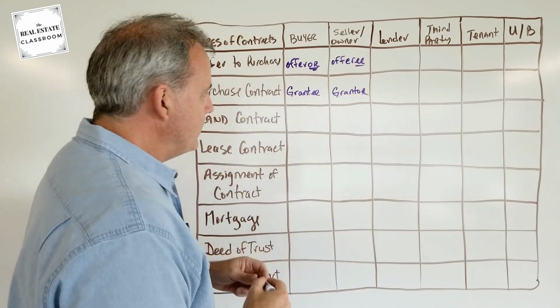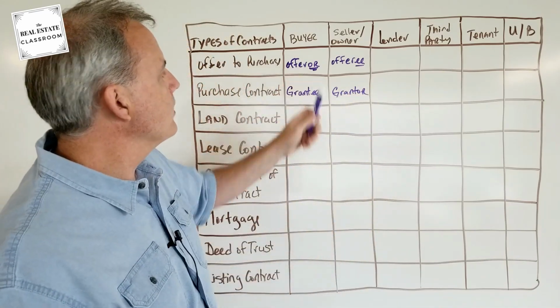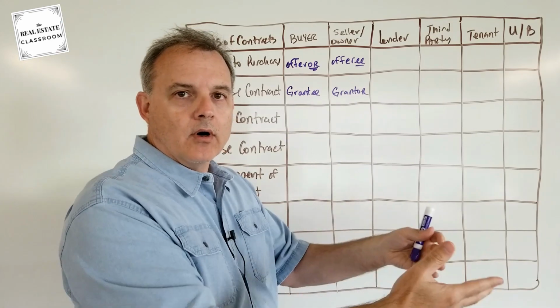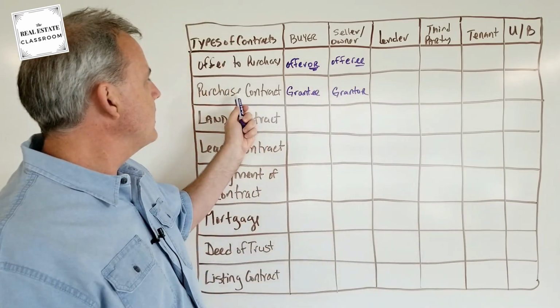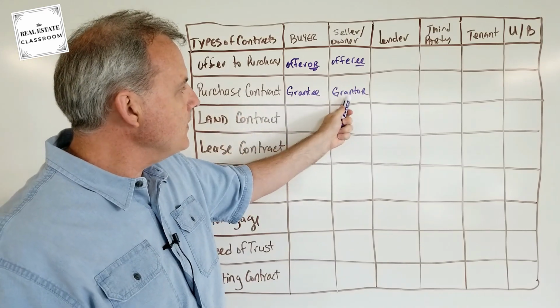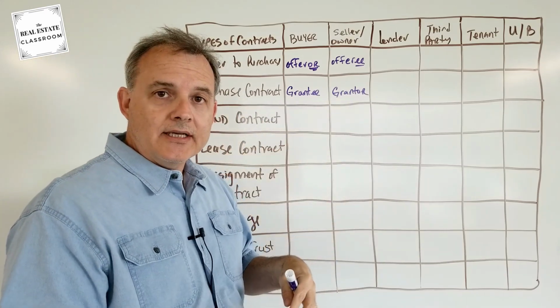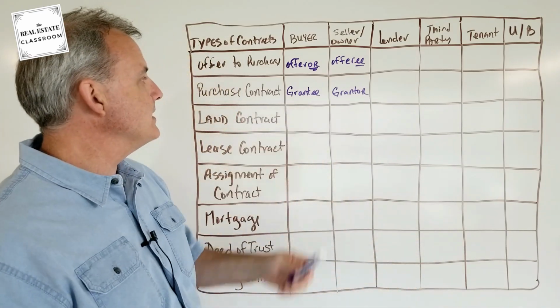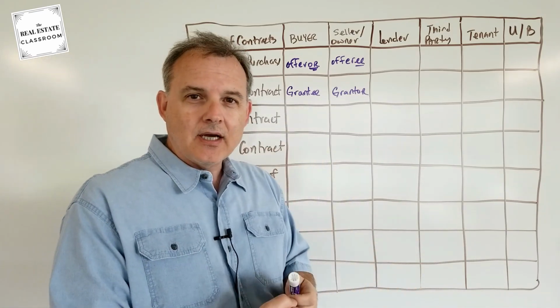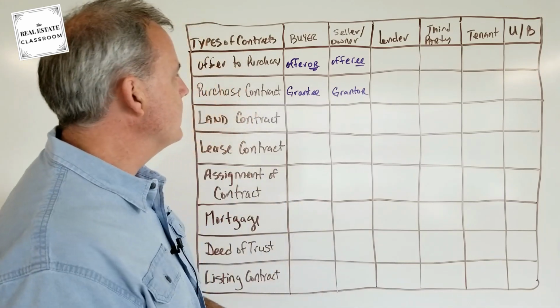All right, and the reason they switched is here the buyer was the offeror, giver of the contract, and the seller was the offeree. But once the contract is agreed to, the grantor, the seller, is giving the title, and the grantee is going to receive the title at the closing table.